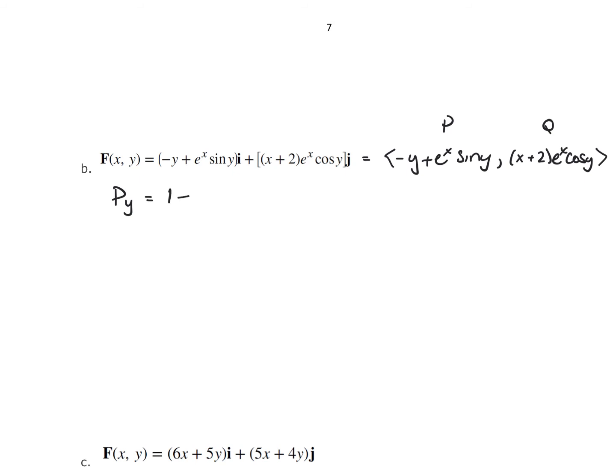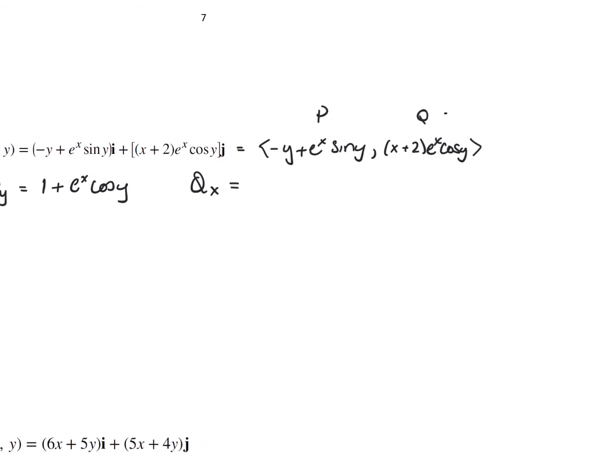So I'm going to have 1 plus e to the x cosine of y. My q with respect to x, well, I'm just going to rewrite q to make my life easier. I'm going to rewrite q as xe to the x plus 2e to the x cosine y.